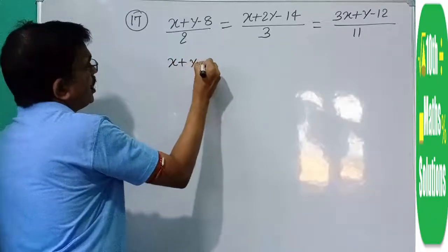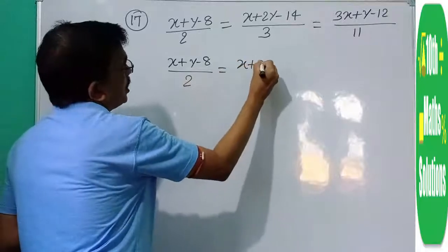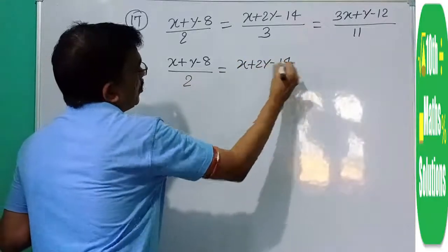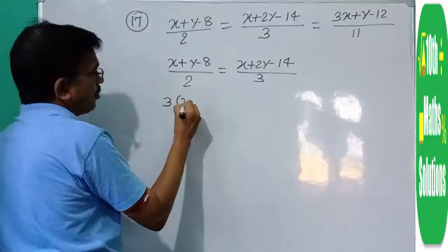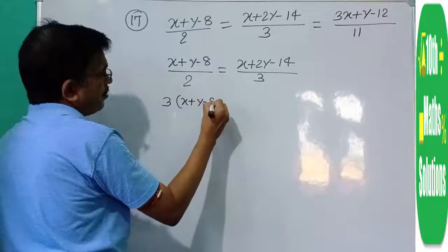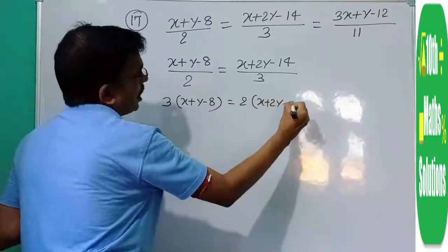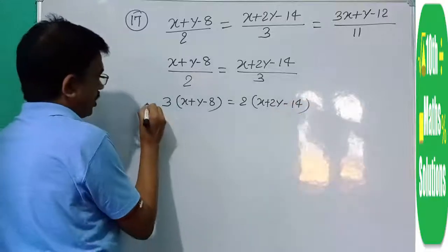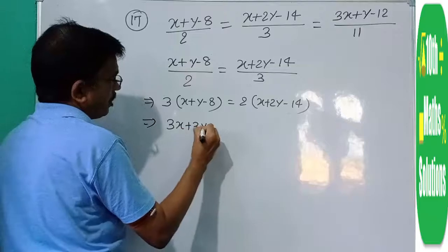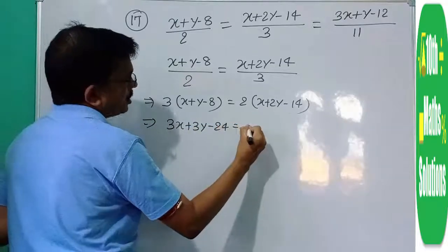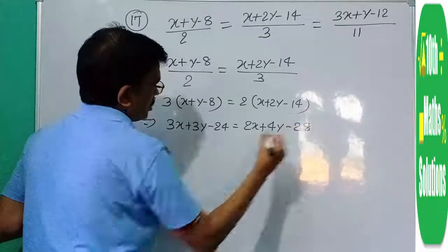The first term: x plus y minus 8 by 2 is equal to x plus 2y minus 14 by 3. Cross multiplication: you write 3 into x plus y minus 8 is equal to 2 into x plus 2y minus 14. Hence 3x plus 3y minus 24 is equal to 2x plus 4y minus 28.